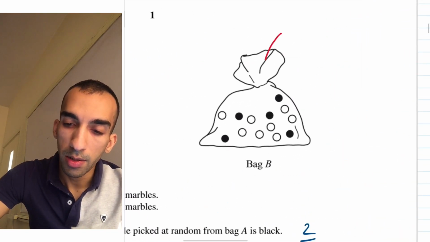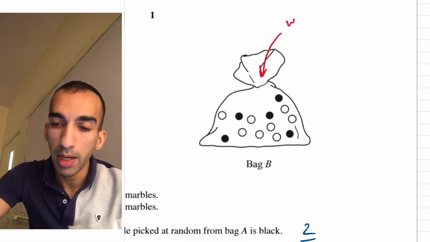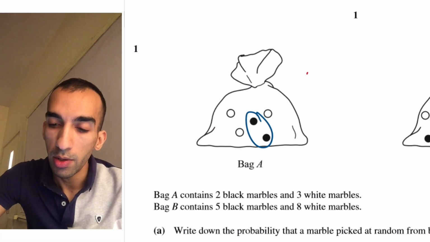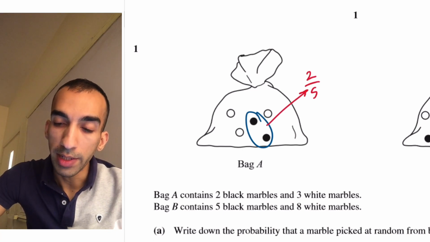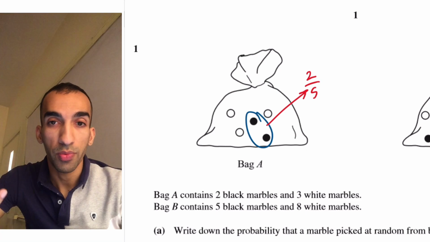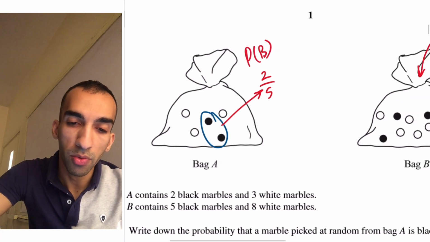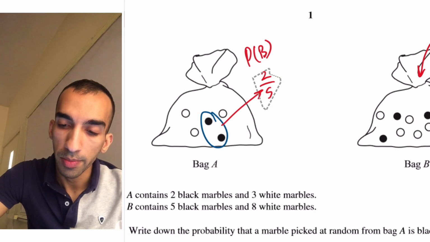If you were to understand this, they're asking us to add some white marbles and black marbles over here so that it has the same probability of selecting black marbles from bag A. Remember, the probability of selecting a black marble from bag A was 2 by 5.